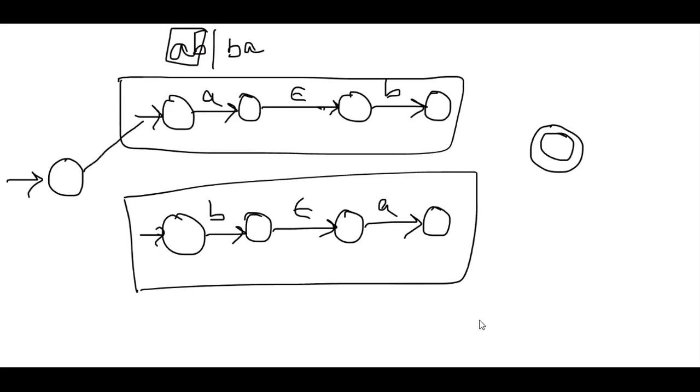So epsilon transitions from here and here. And again, epsilon transitions from here to the final state, and again from here to the final state. So this is AB or BA. So this is for choice.